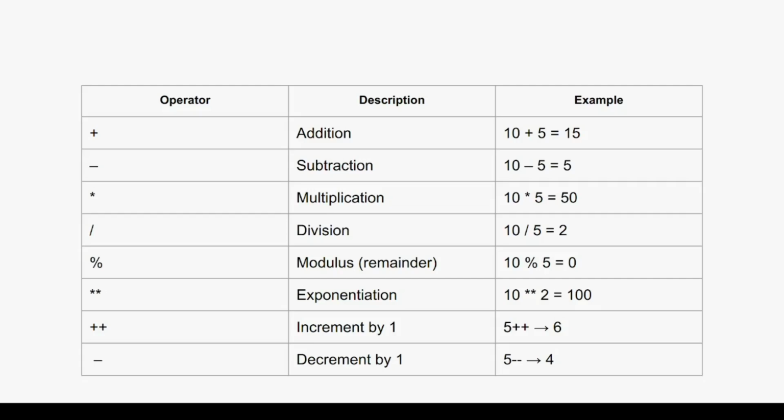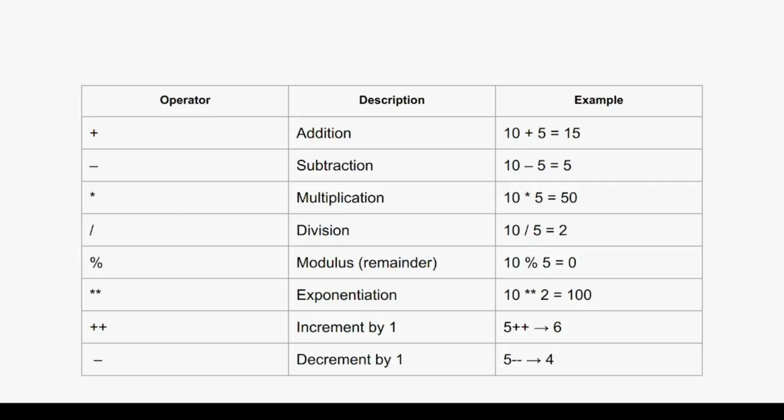After that, this is the exponential operator. The exponential operator works like this: the first value here is 10, and 10 is the base and 2 is the exponent. So what is the meaning of this?